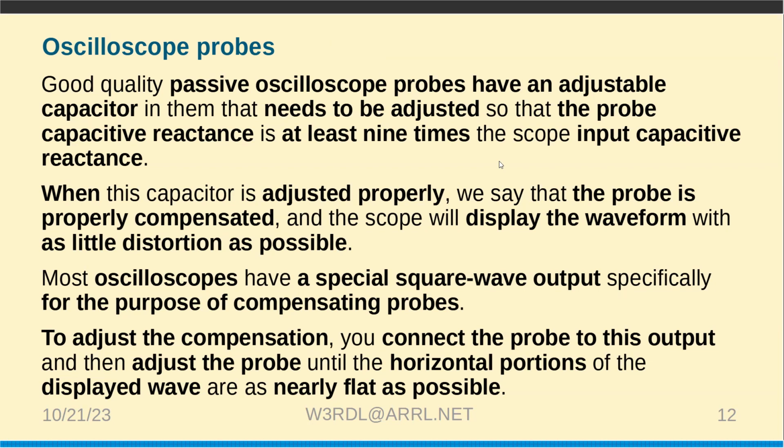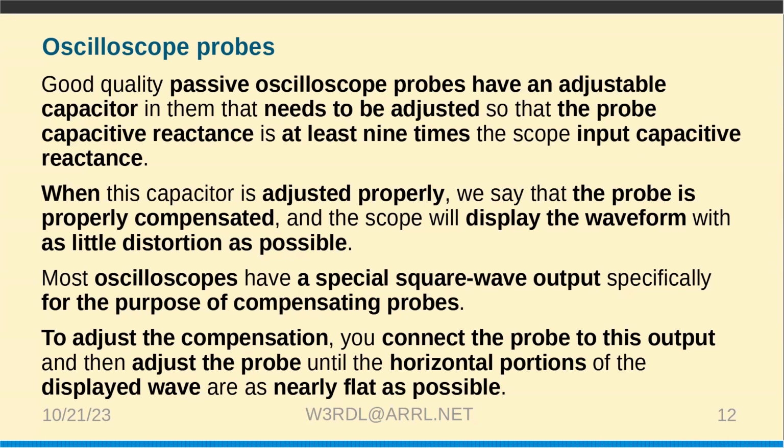So the calibration adjustment is actually part of the scope? It's not part of the probe. No, it's part of the probe. You calibrate the probe to the scope. There's almost always a BNC connector on the end of the scope probe, usually in a little module, and it has a place where you can adjust that trimmer capacitor.